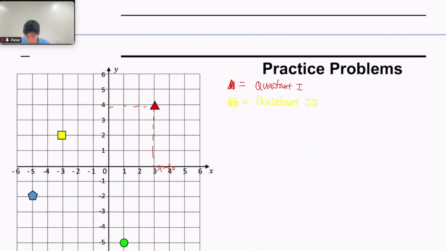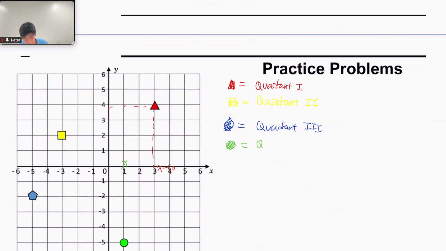Let's take a look at the blue pentagon. So the blue pentagon, both x and y coordinates are negative, so this can only be quadrant 3 because that's the only case where both coordinates are negative. The green circle here. As we see in the green circle, only the x coordinate is positive and the y coordinate is negative. As you see here, the x coordinate is 1 and the y coordinate is -3.